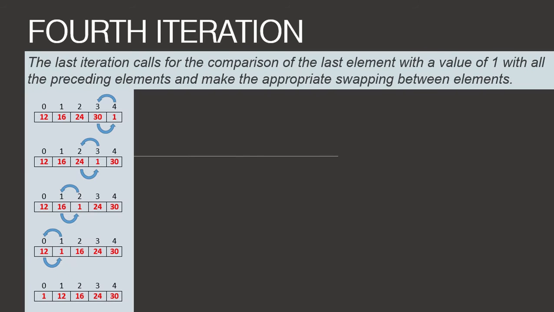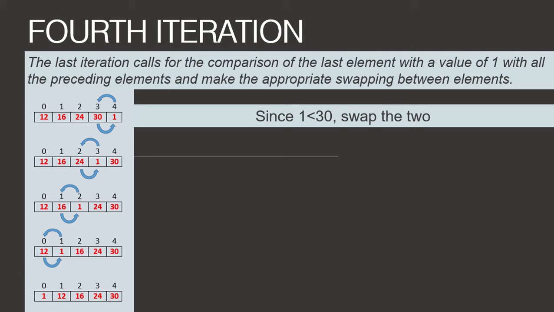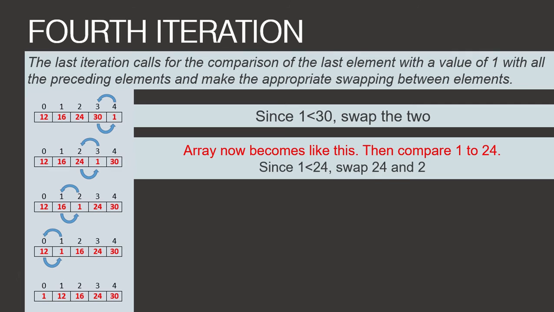The last iteration calls for the comparison of the last element, with the value of 1, with all the preceding elements, and making the appropriate swaps. Since 1 is less than 30, we swap the two. Then compare 1 to 24, and again we swap 24 and 1.